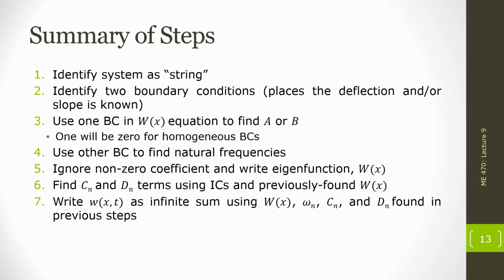So written here as a summary, it looks like it's not that much, but every one of these steps we're going to see in the example can take a decent amount of work to get to our closed form total solution that is going to be that infinite series.